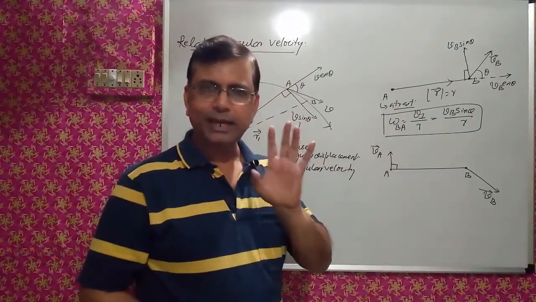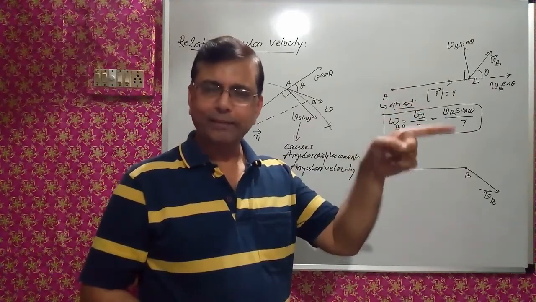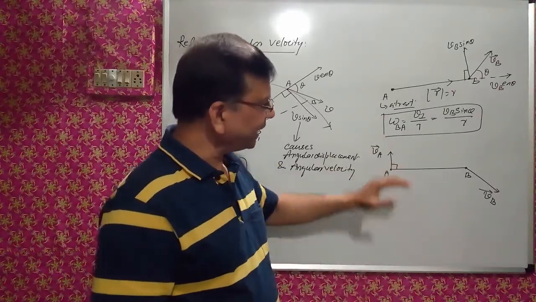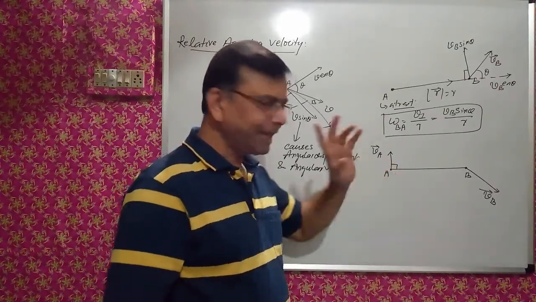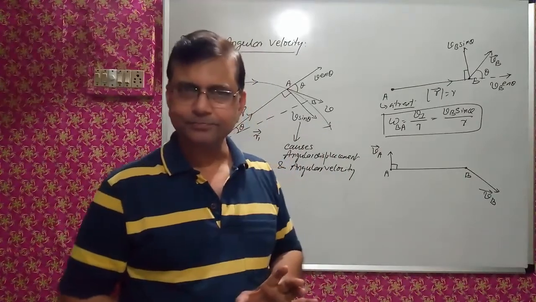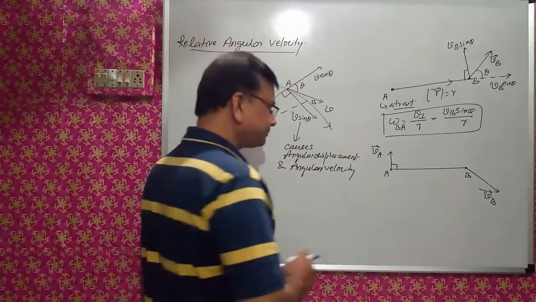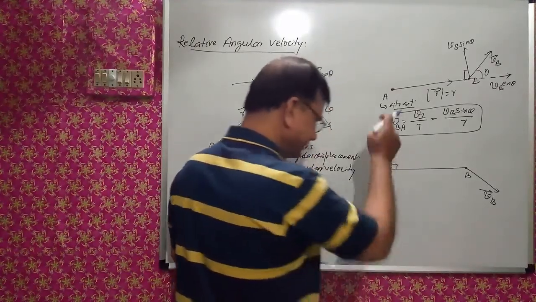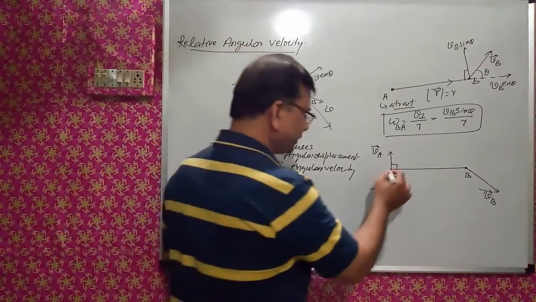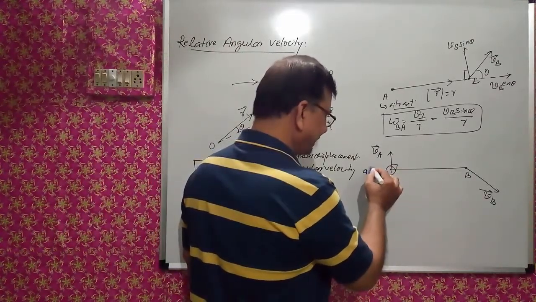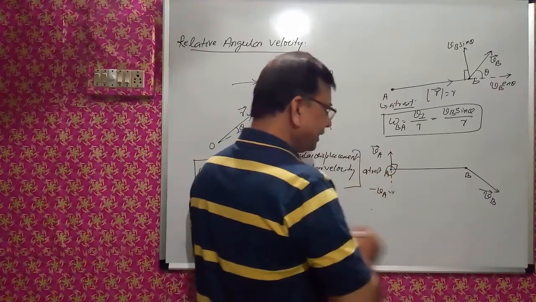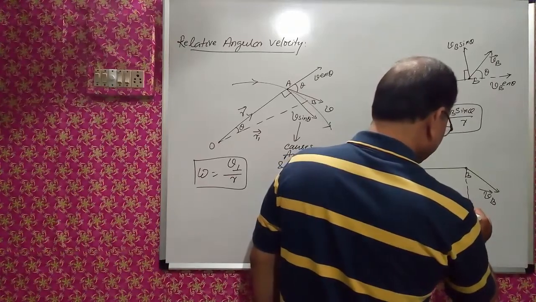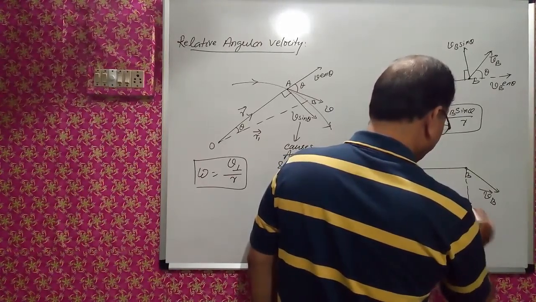So condition is this only as for the 1D motion, 2D motion, linear motion. In the same way for angular motion also, A will have to be brought to rest first. So for that, opposite velocity I will give, that is minus Va by magnitude. It will come to rest. Same velocity will have to be given to this also, that is Va by magnitude.